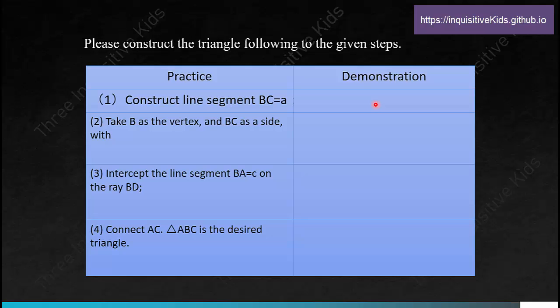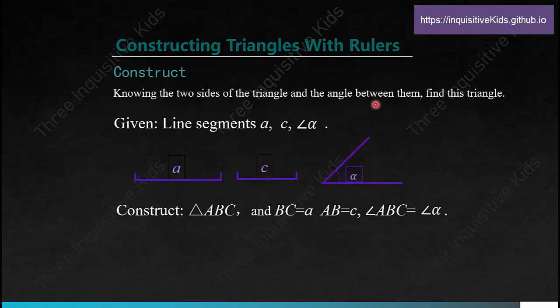First, construct line segment BC is equal to A. The first step is to just draw a line segment called BC that is equal to the original line segment A. Remember, in the very first lesson of this chapter, we learned that this A over here would be this A, and the angle across from this line segment A would be angle A. So I want you to remember that.